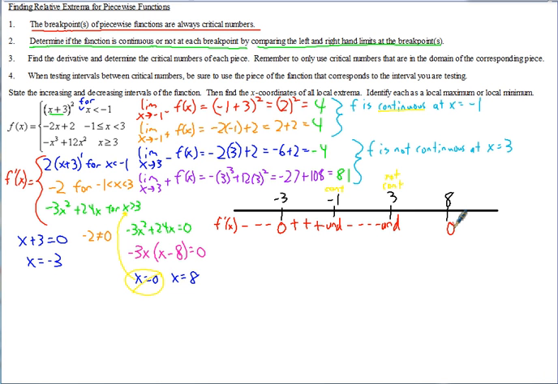And then between 3 and 8, that's 4. And 4 is greater than 3, so we use the bottom piece. It's probably easier to use the factored form. We test 4 into this piece, 4 times -2, that's going to be negative. 4 minus 8, negative. Negative times negative is positive.